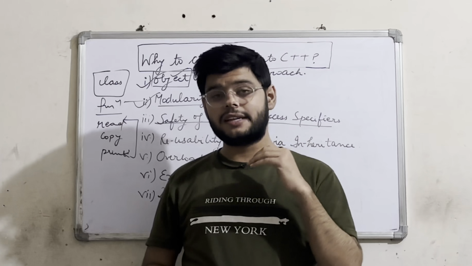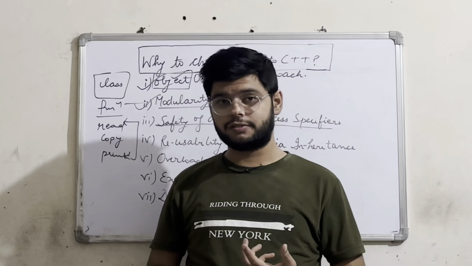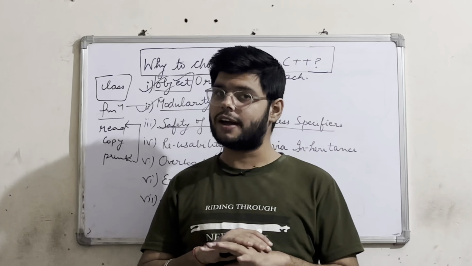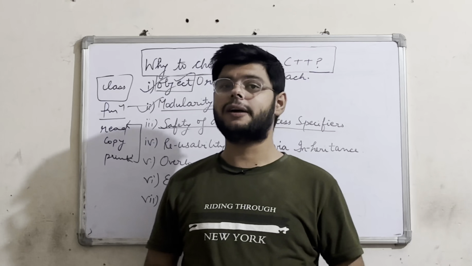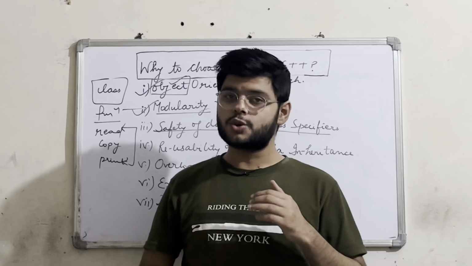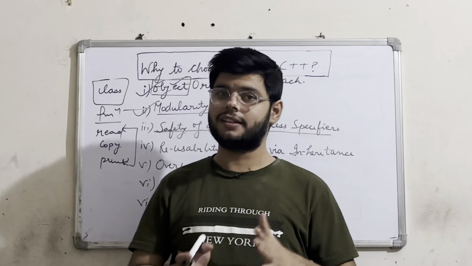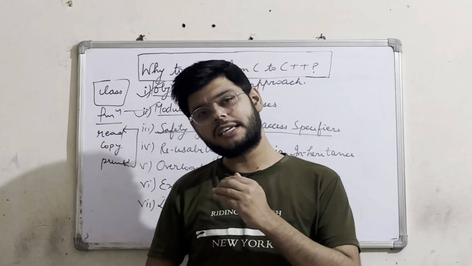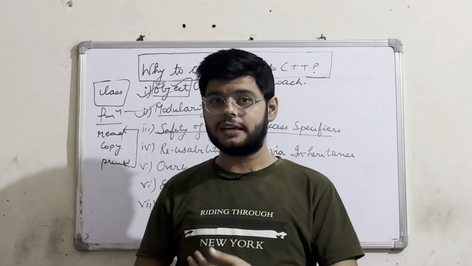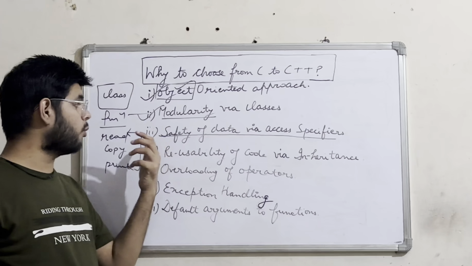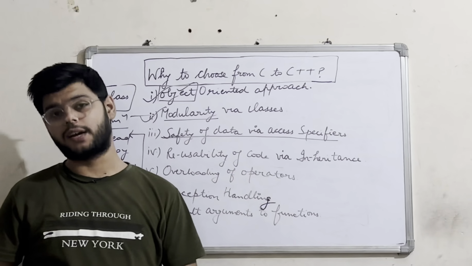In a class, all the members, data members or member functions, if you do not define any access specifier, are considered private in nature. So it's in the hands of the programmer, using class, either to make things public or private, based on the complexity and the type of access he wants to provide to the user. So this is how in C++ the user has this feature to provide safety of the data.